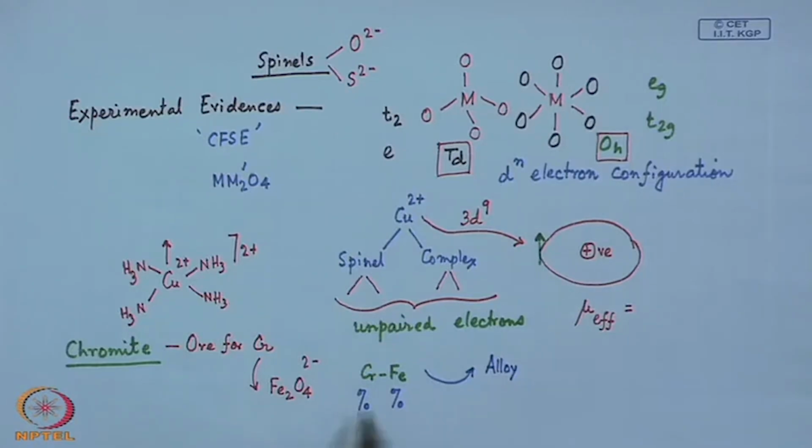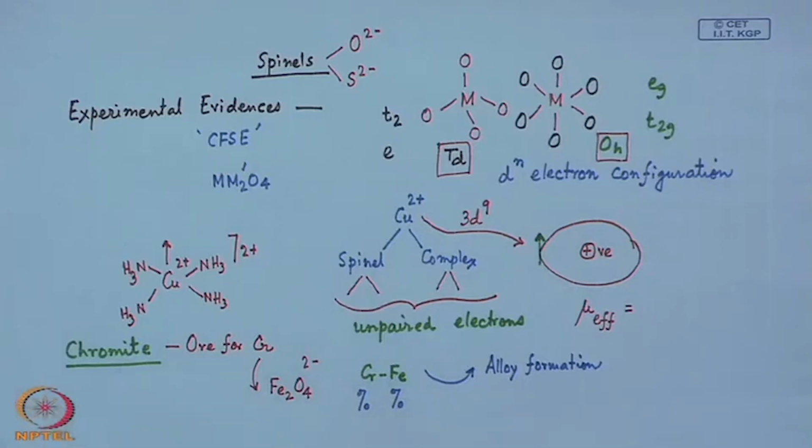If the percentages of chromium and iron present in the chromium ore match those of the corresponding alloy formation, the chromite ore can be used as the starting material or raw material for the alloy formation.